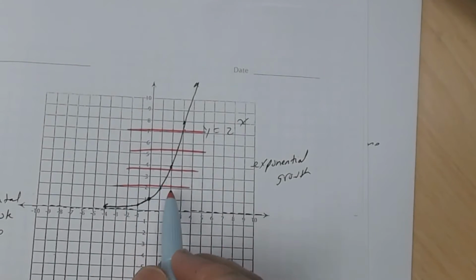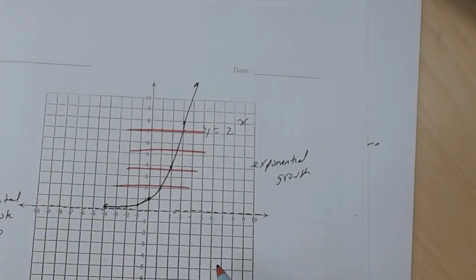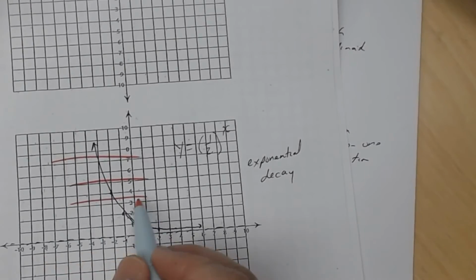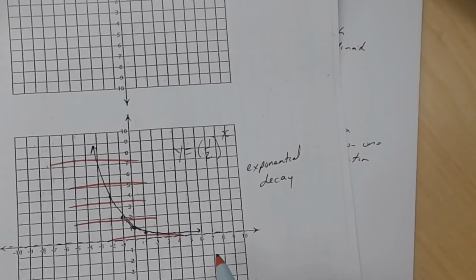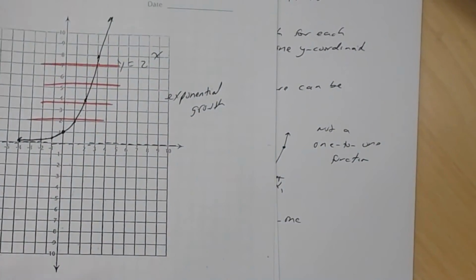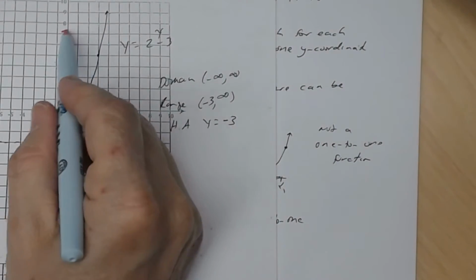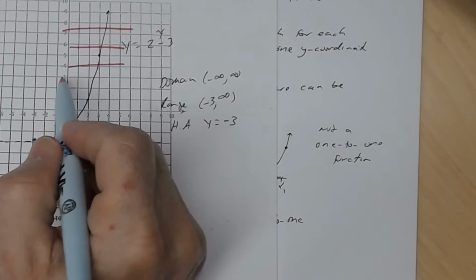For this y coordinate, there's only one x coordinate, and so on. So all of these exponential functions pass the horizontal line test. No matter which one we looked at, they all passed the horizontal line test.